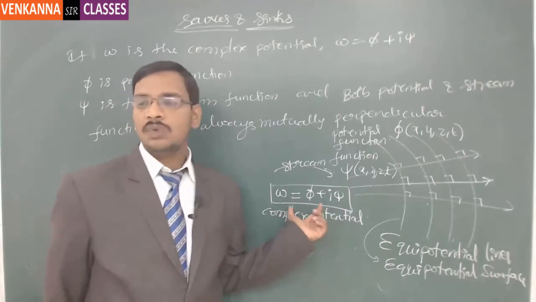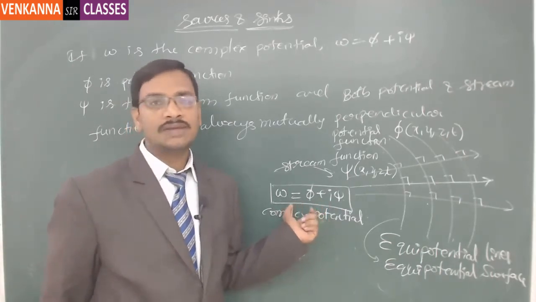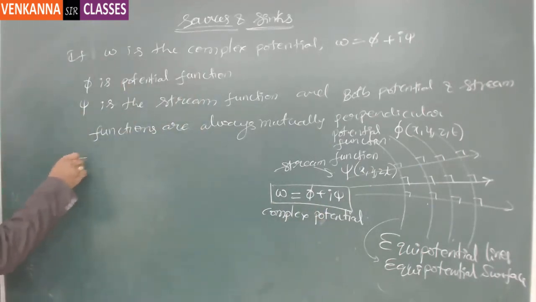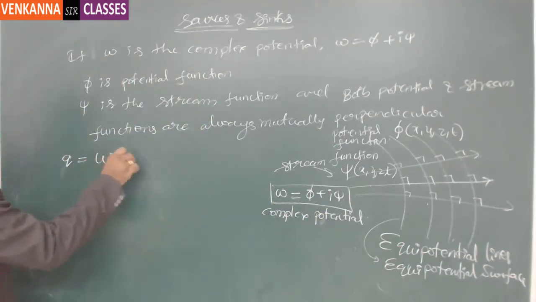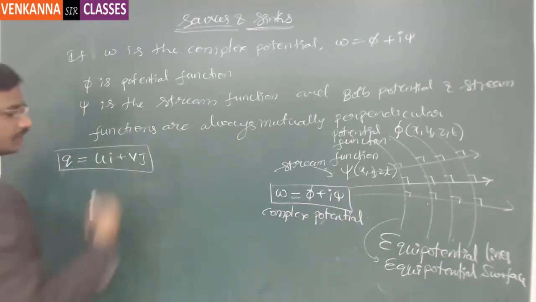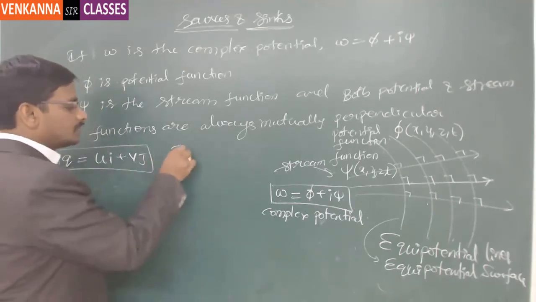Now, till now whatever we have discussed is not related to phi or psi. We are dealing with only the velocity. The velocity components are nothing but q equal to u i plus v j. We have ignored the next component, the k component, because we are dealing with two-dimensional flow.